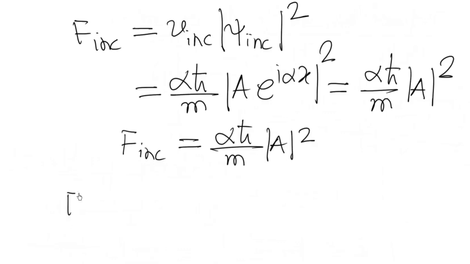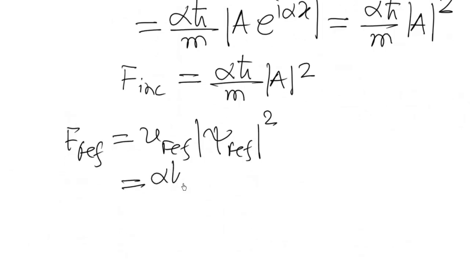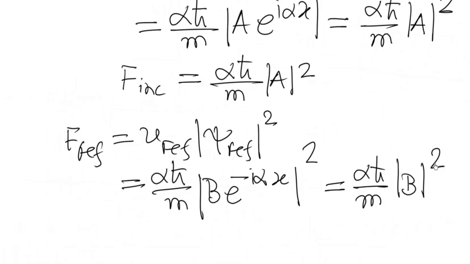And the reflected flux is v reflected times the modulus square of the reflected wave function, and v reflected is also alpha h-cut by m, and B e to the power minus i alpha x squared. So this is alpha h-cut by m times modulus of B squared.